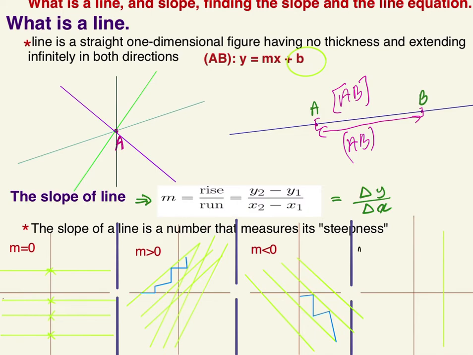The definition: m is equal to y2 minus y1 over x2 minus x1. But here we see that x is constant, which means we get some number n over 0, and this is undefined. That's the reason why the slope is undefined when we have a vertical line.